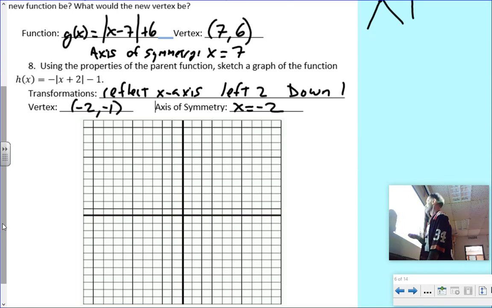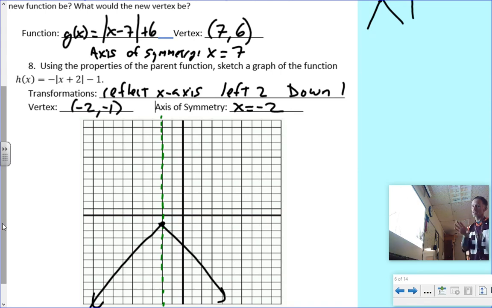So if I'm going to graph this, I'm going to do a dotted line for my axis of symmetry. I'm going to put a point on my vertex right there. And then there's no other vertical stretch or anything else going on, but it is upside down. So that means it's going to be going down on that slope of -1 on one side and +1 on the other side. So that's kind of what the graph would look like.